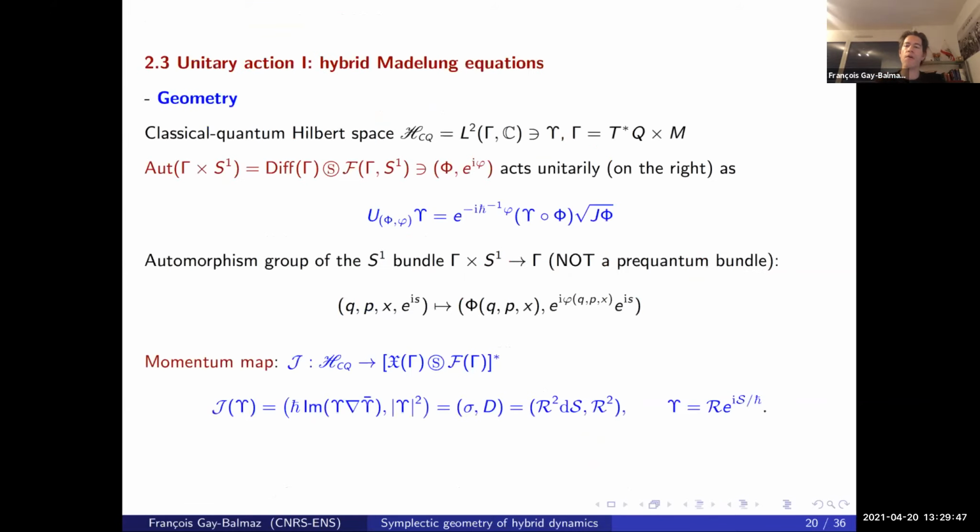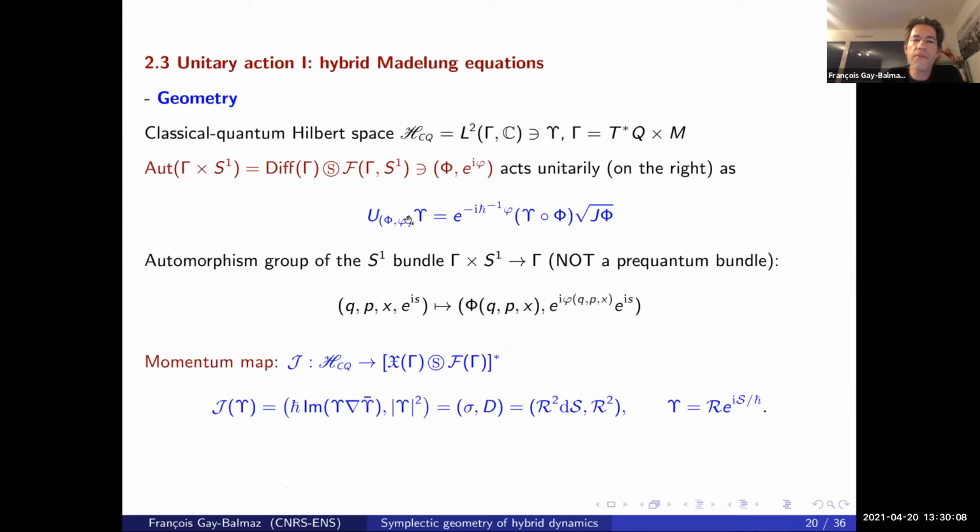So let's now apply our program. We have to find some good unitary actions that help us identify crucial physical quantities. So first of all, there is this automorphism action, exactly as before.